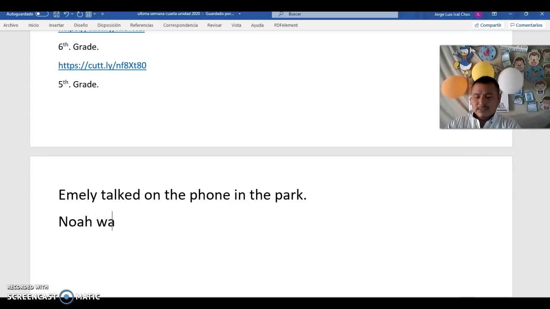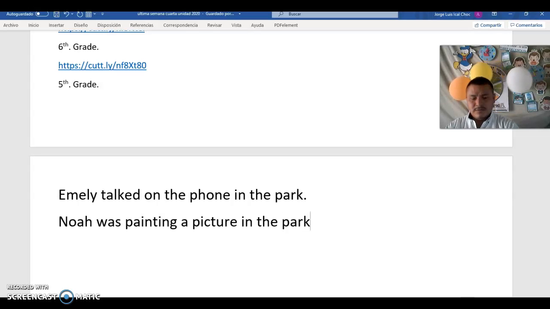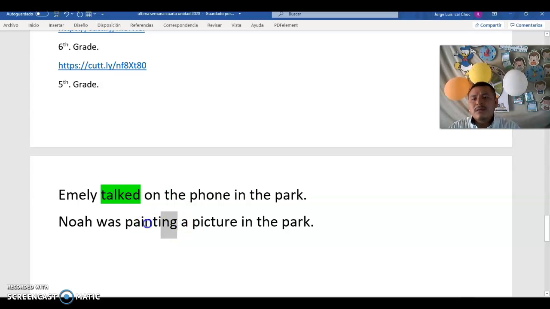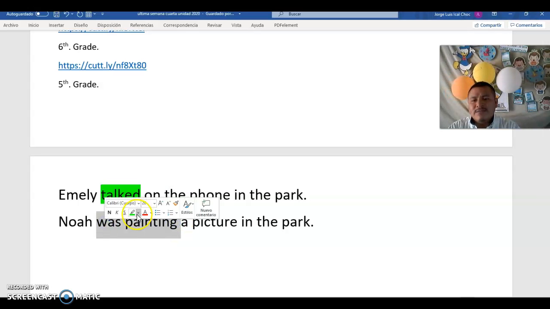Noah was painting a picture in the park. Okay, so you have one example with past simple, and you have one with past progressive. Okay, he was painting.